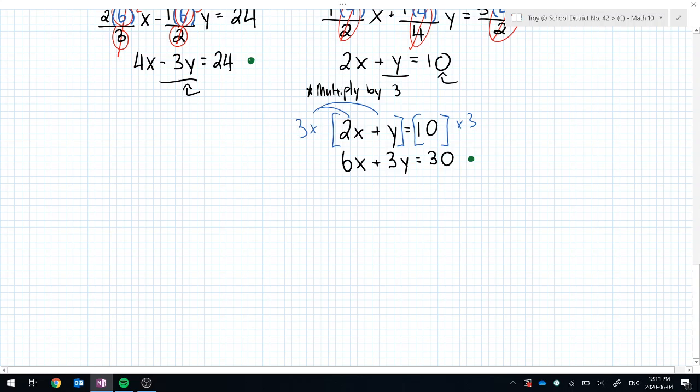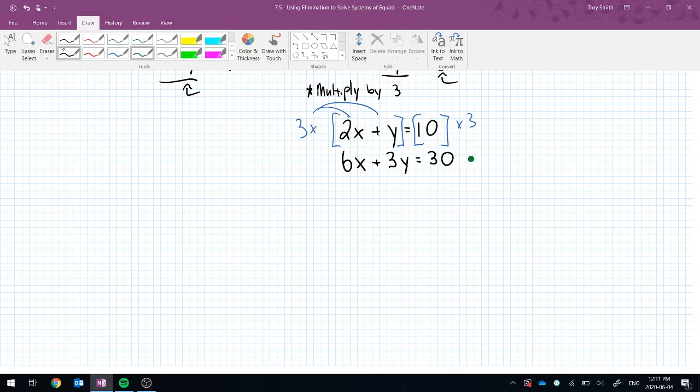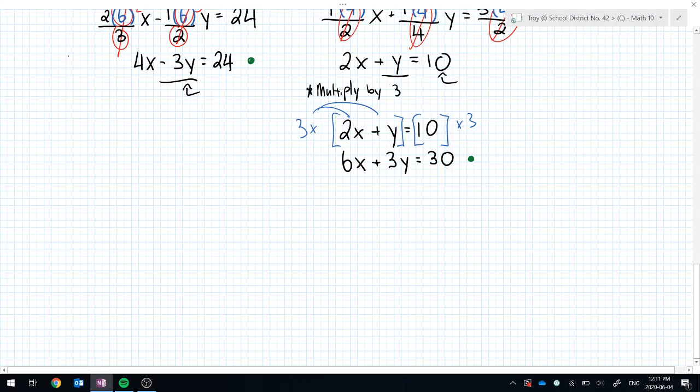So what I can do now is I can stack them on top of each other and perform our elimination. So we have 4x minus 3y equals 24 from the first one. And then we have 6x plus 3y equals 30 for our second one.